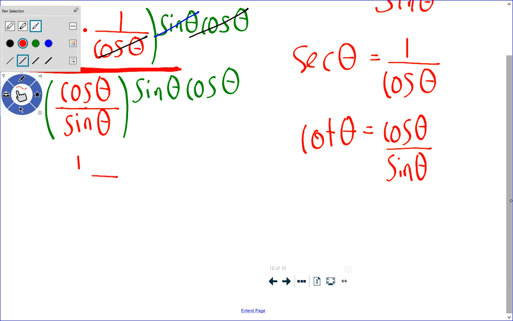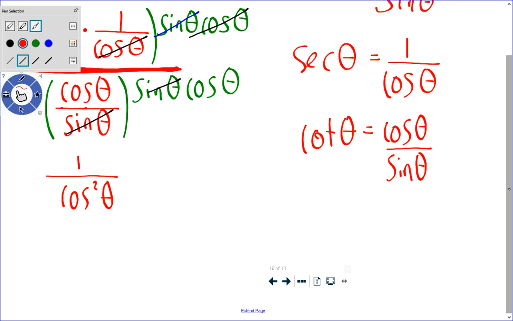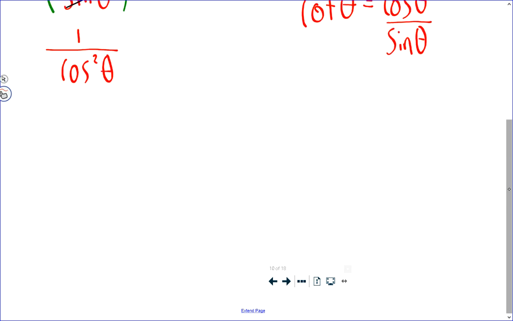And on the bottom, what cancels is the sine of theta, so I'm left with cosine of theta multiplied by cosine of theta, which is cosine squared of theta, and that is an answer if we wanted to. Since cosine and secant are reciprocals of each other, I could write secant squared of theta, because secant is the reciprocal of cos, and cos is the reciprocal of secant.